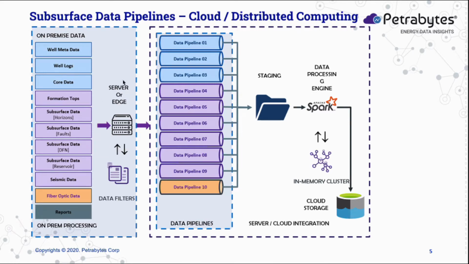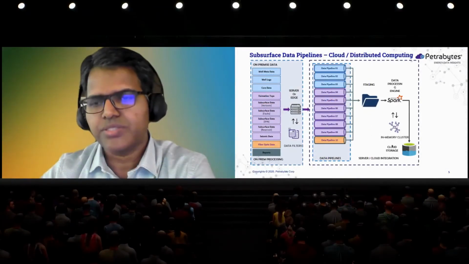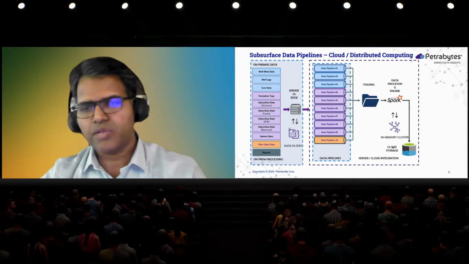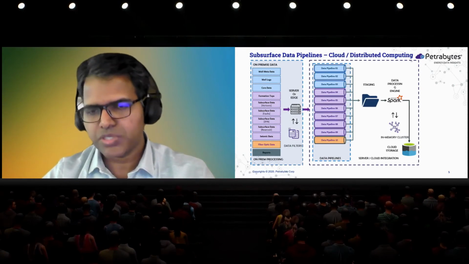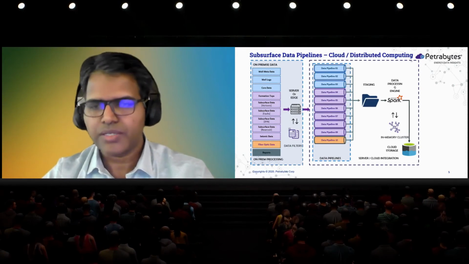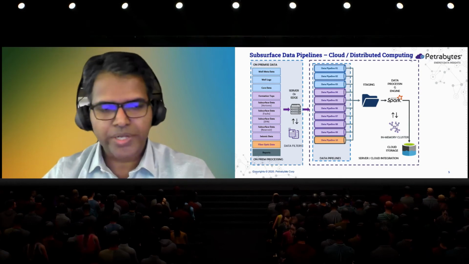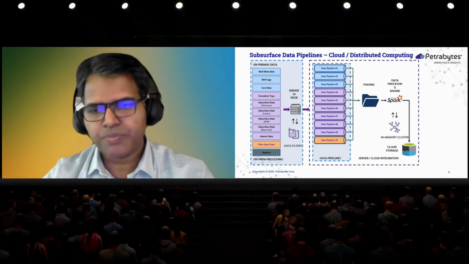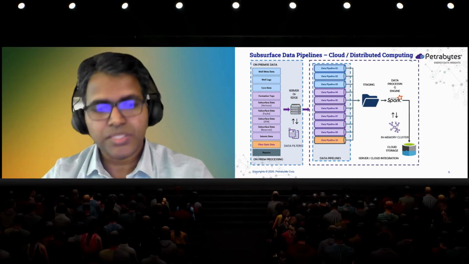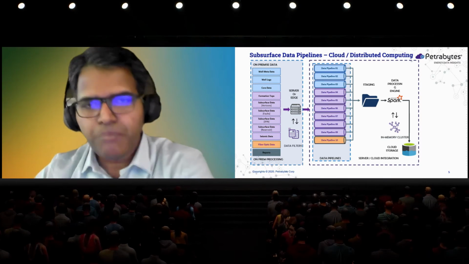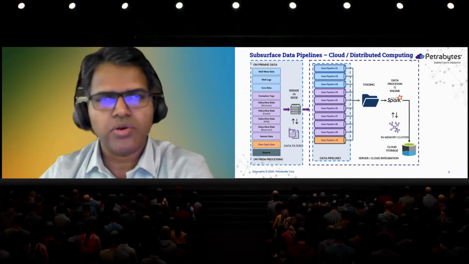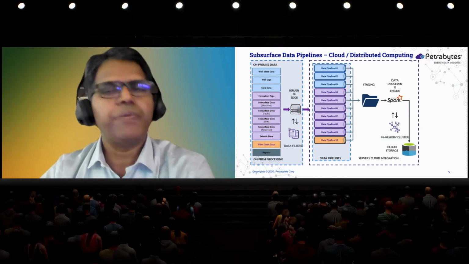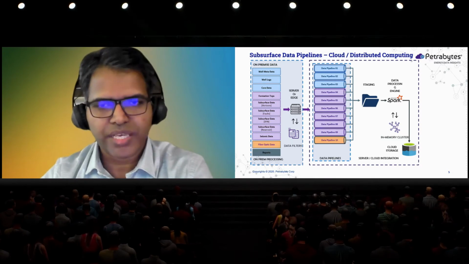So the first step is to aggregate all of these data sets. Because of the scale of the data sets, you need high performance computing with in-memory clusters and all of that. So the cloud providers, especially the three major providers, and also distributed computing are playing a major role in synthesizing all this data and preparing it for a seamless data exchange.